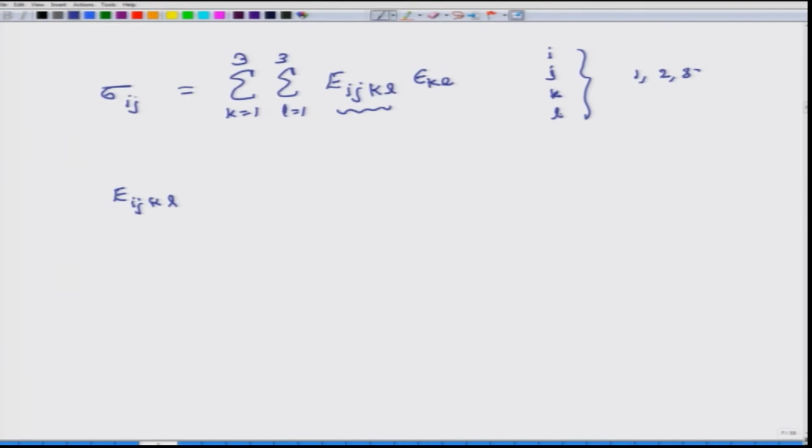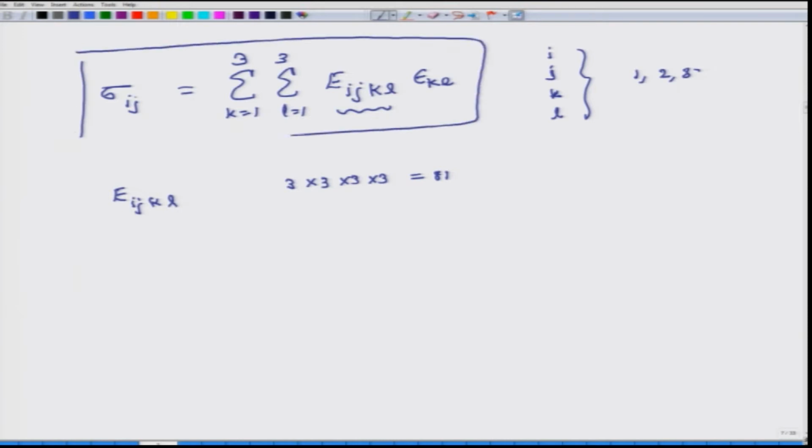The total number of combinations of E_IJKL would be 3 times 3 times 3 times 3, and that corresponds to 81. So in general this relation between stresses and strains involves 81 different elastic constants. For a general anisotropic material, we are starting with a situation where there are 81 different elastic constants.